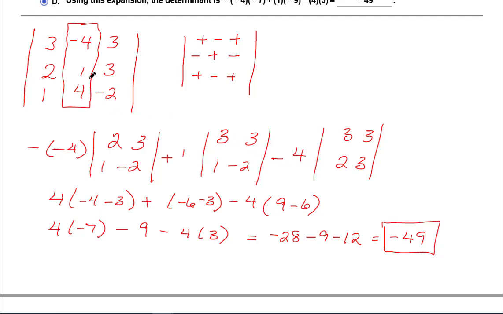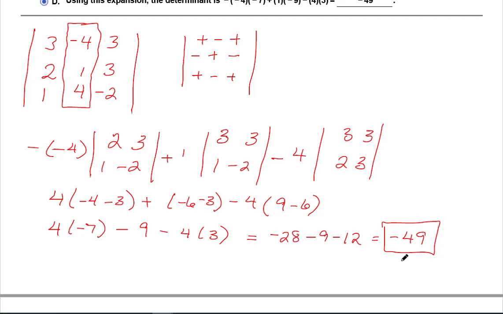To get the cofactors, simply cover up the column it's in, which is column 2, and then whatever particular row we're talking about. So if I cover up this column and this row, I get 3, 3, 1, minus 2. And so I do that to get my 3 cofactors, which are 2 by 2 determinants, giving me exactly the same number as we got by expanding across the first row.